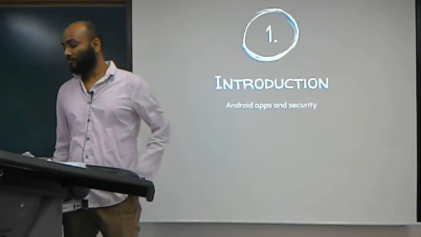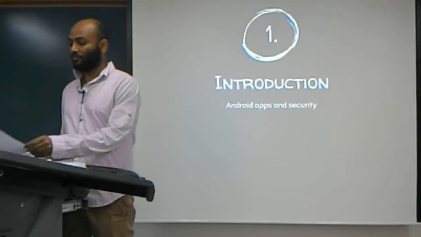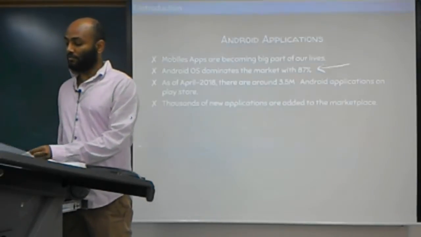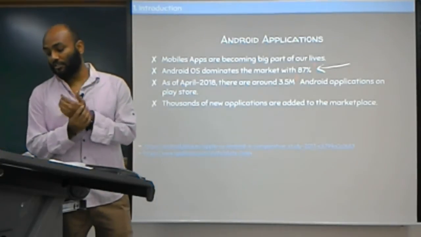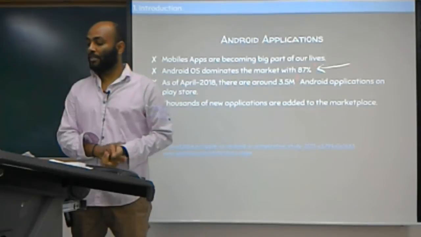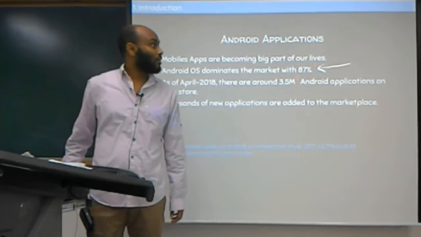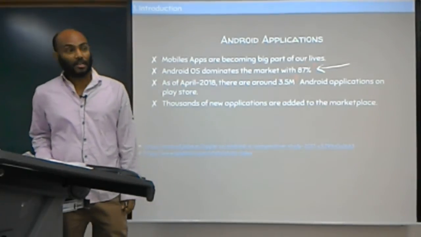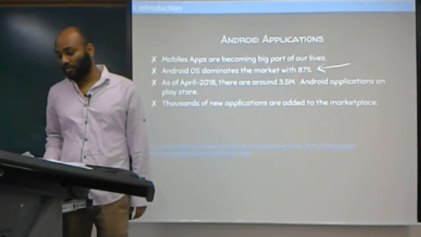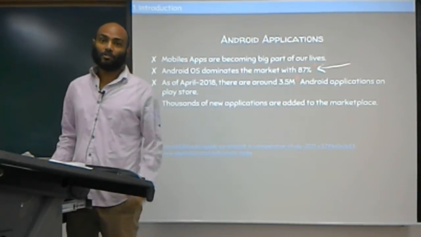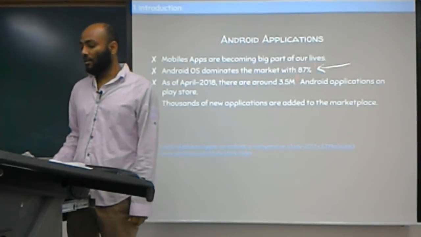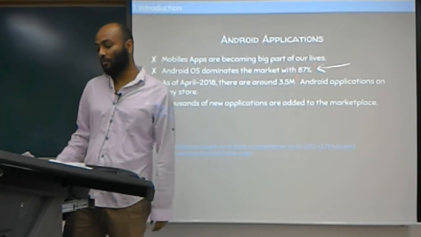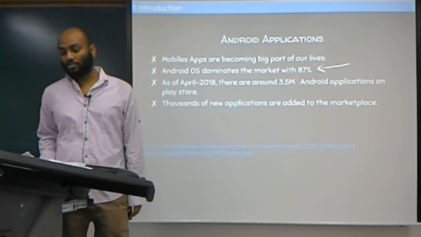Introduction. Android applications are becoming a big part of our lives. They entertain us, they keep us in touch with our families, we can control our smart homes with them, and share anything we want about our lives with the world and so on.